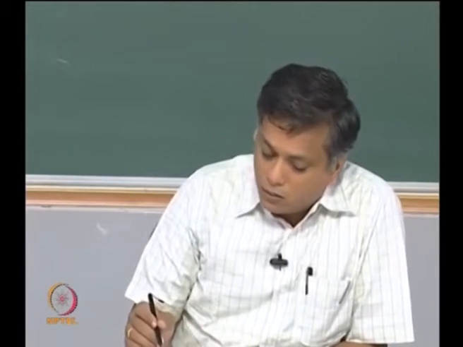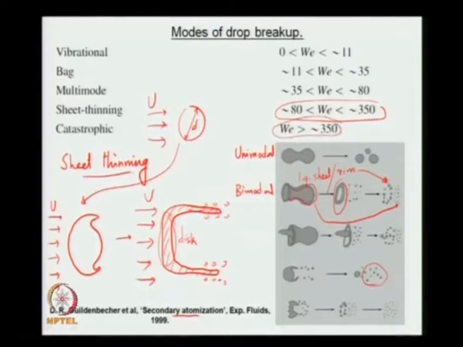The last breakup process is what is often called a catastrophic breakup process, which is where the Weber number is greater than about 300 and something. This is actually very difficult to investigate, and there is not much information available on how drops behave in this situation.